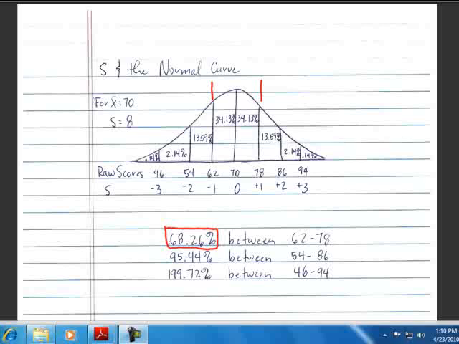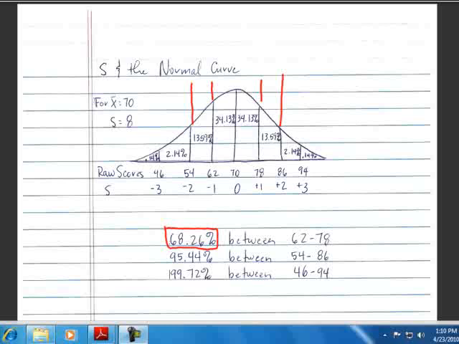What we also know is that 95.44% will be between the mean and 2 standard deviations. So again, as we work our way out to the next standard deviation below the mean, another 13.59% are there, and then one more standard deviation above the mean, another 13.59%.